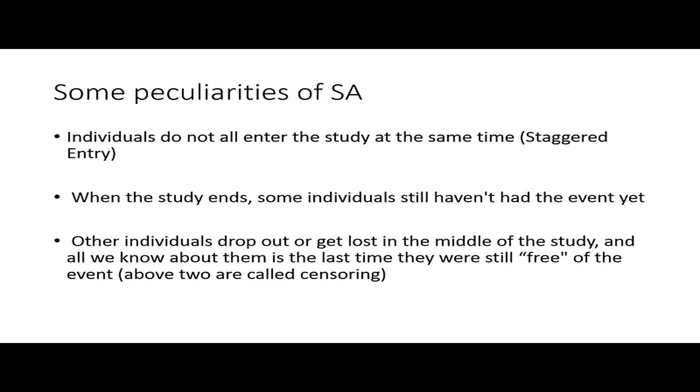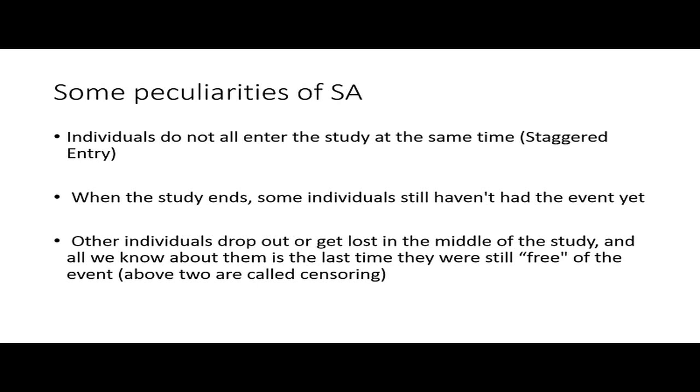When the study ends, some individuals still haven't had the event yet. For example, if you are doing a study on a patient who has undergone heart surgery, and when that person dies after the surgery, and the time window that you have taken for the study is 5 years.